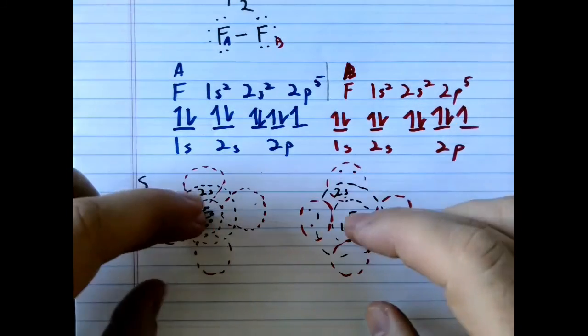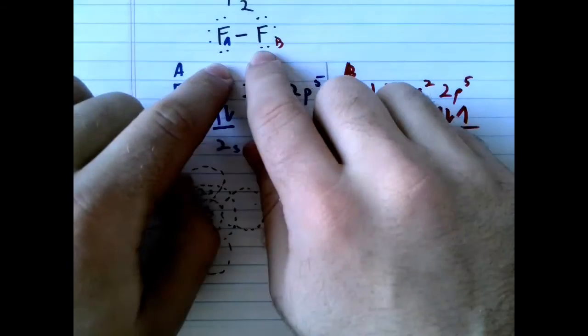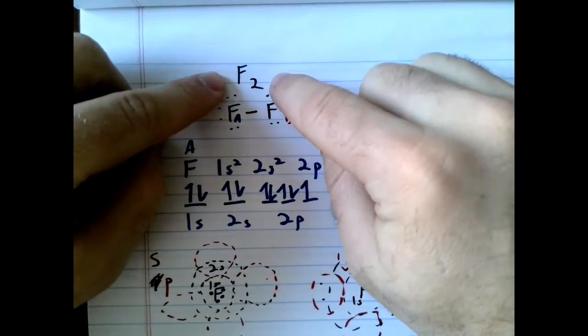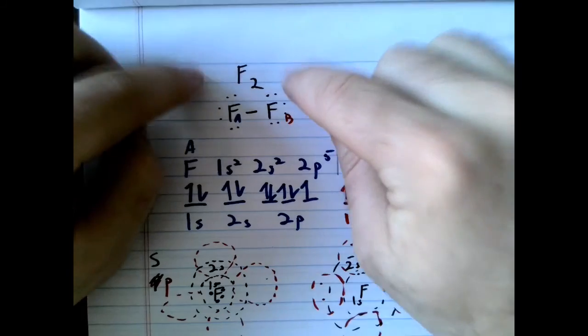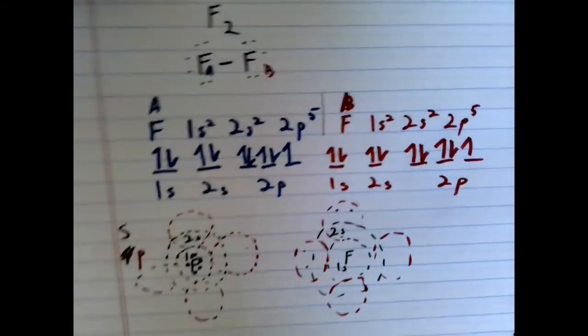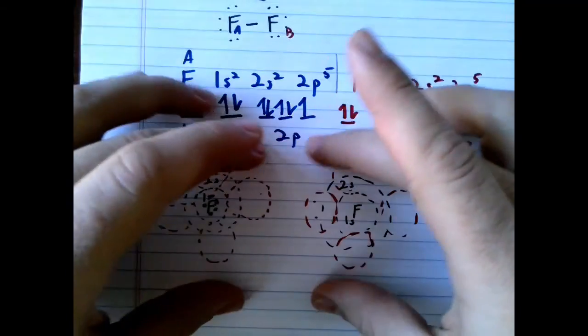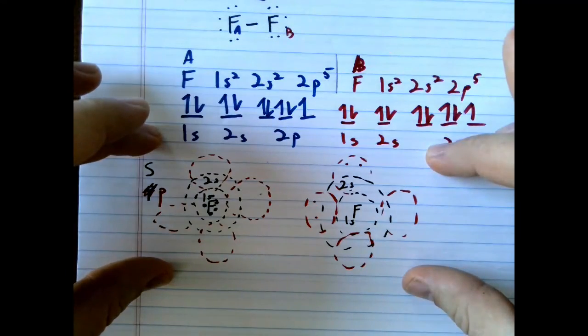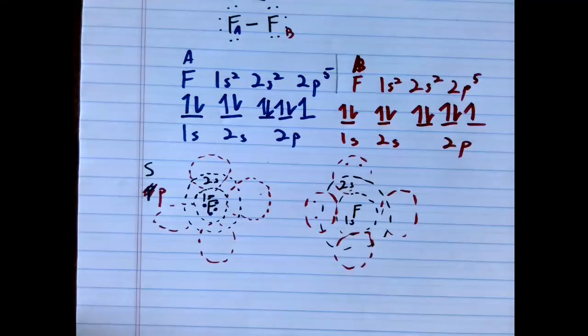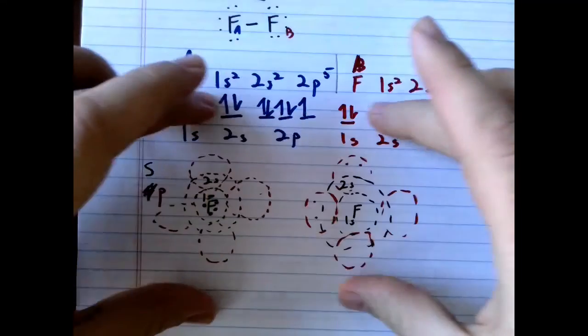And so as these fluorines come together, forming this molecule of fluorine, this diatomic molecule of fluorine, the way they're going to become stable is by taking on these new shapes.